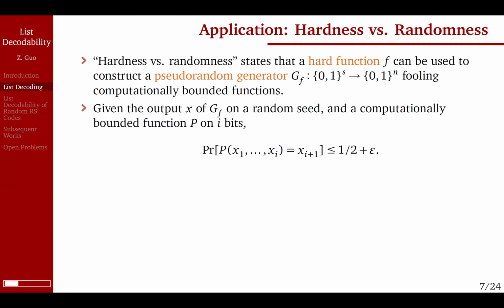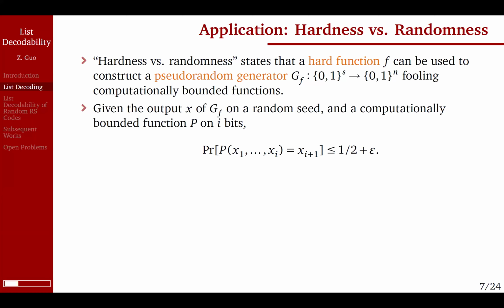There are different ways to define what it means for a string to look random. One way is using the notion of a predictor, the absence of a predictor. We can consider the output to be pseudorandom if for any computationally bounded function p, given the first i bits, it cannot predict the next bit.